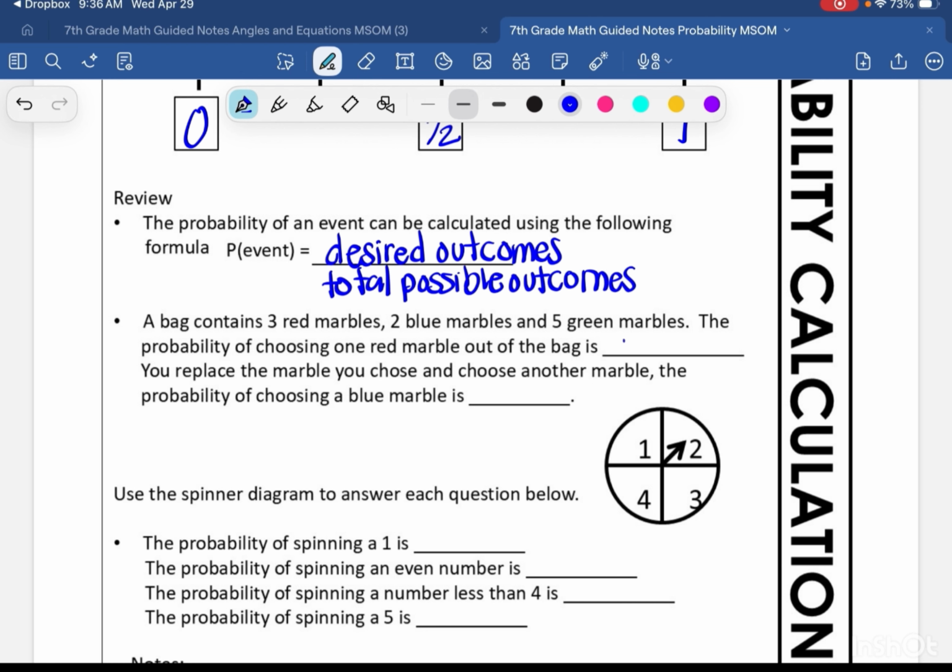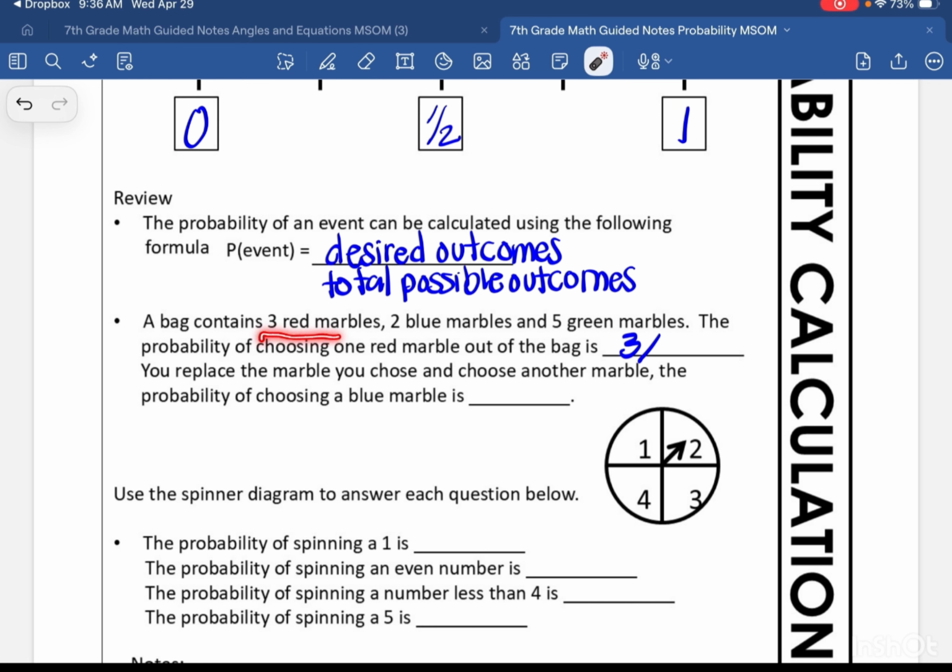So that number will be in the numerator. And my total possible outcomes is the sum of all the marbles. So 3 plus 2 plus 5, meaning there are 10 different marbles that I could possibly choose out of the bag. So as a fraction, the probability is 3/10.